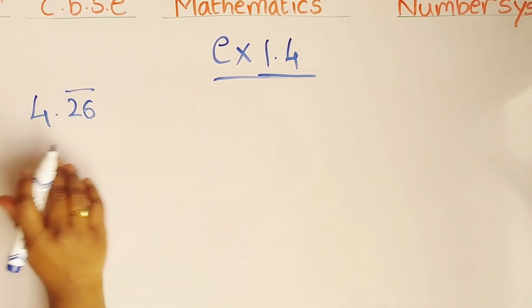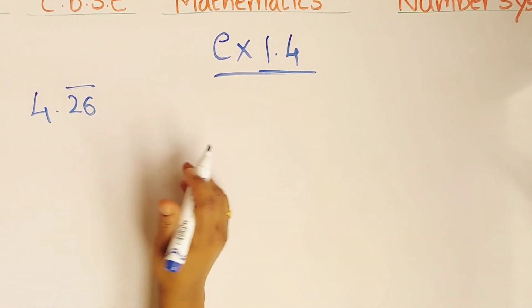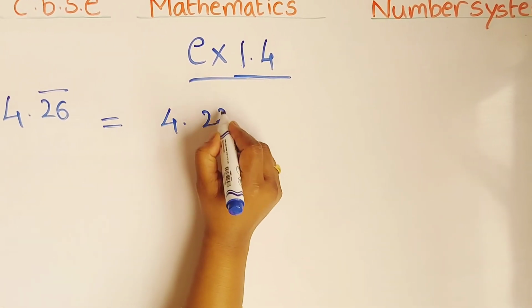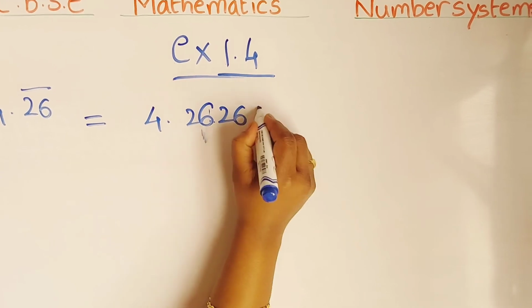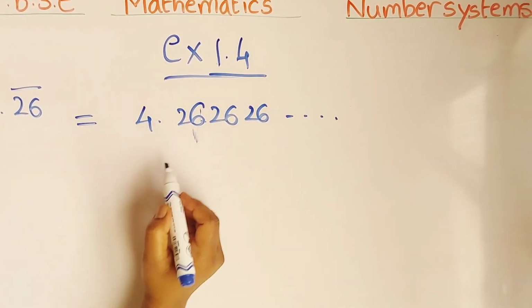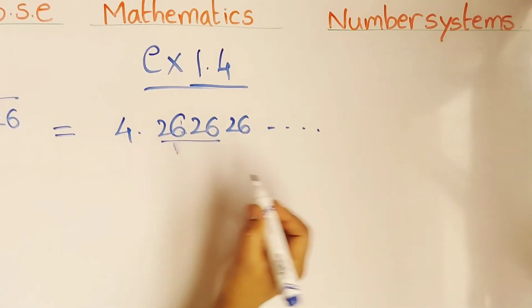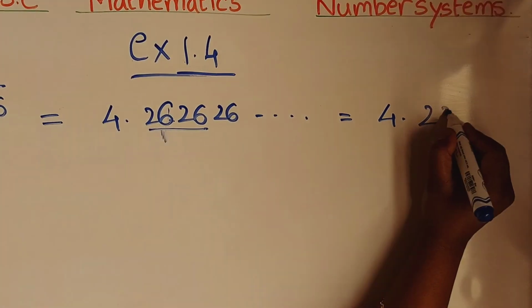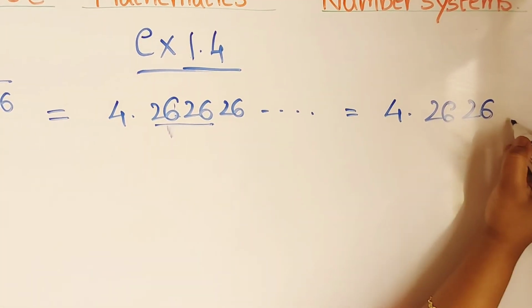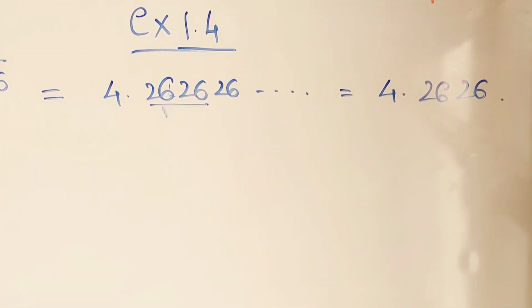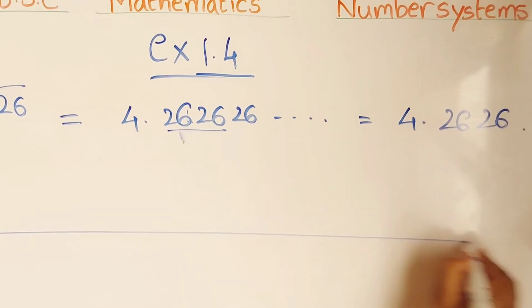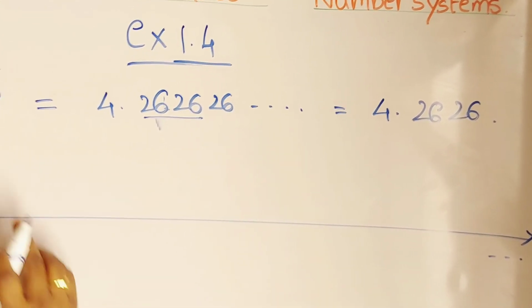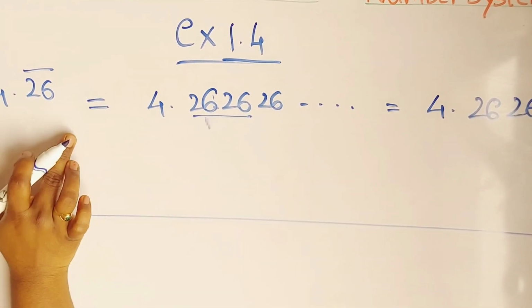Now second question, children. Visualize 4.26 bar on the number line up to 4 decimals. 4.26 bar means we can write 4.26, 26, 26, so on like that. Up to 4 decimals only they said. That means we have to visualize the number 4.2626 only. Right, children? Start using the number line. 4.26 means we know the number is after 4 and below 5, children.